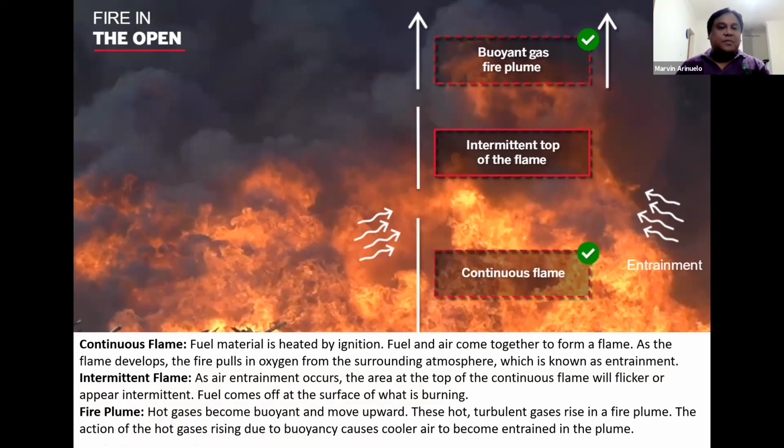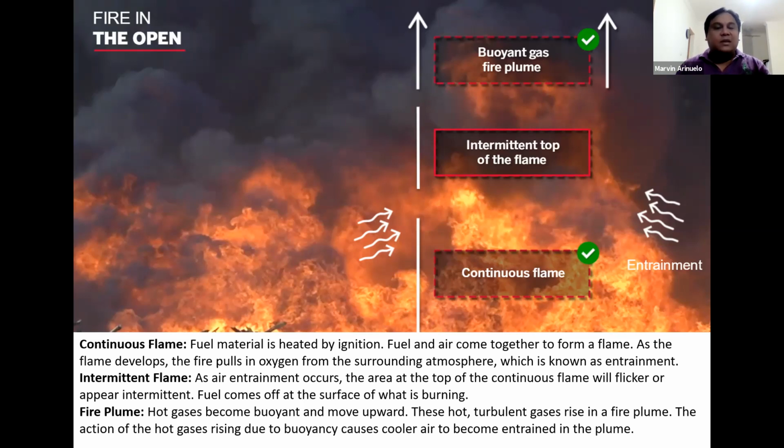Continuous flame: when the fuel material is heated by ignition, fuel and air come together to form a flame. As the flame develops, the fire pulls oxygen from the surrounding atmosphere, which is known as entrainment. So the term entrainment is the pulling of oxygen from the surrounding atmosphere. So that is the support that lets the fire work continuously.